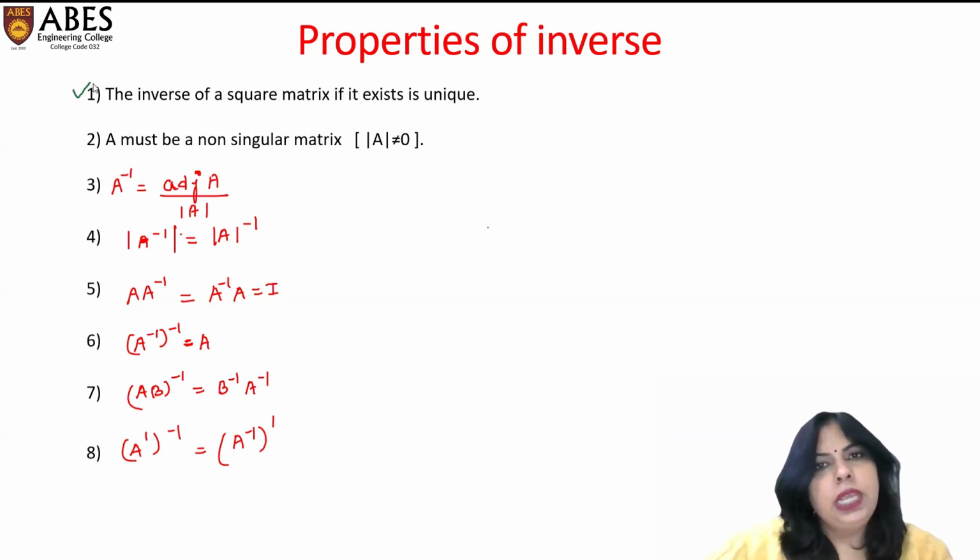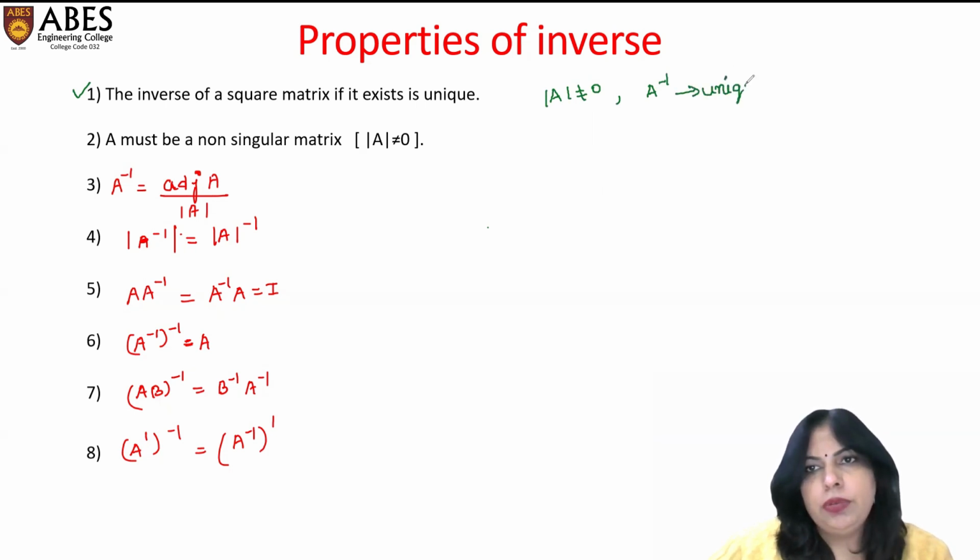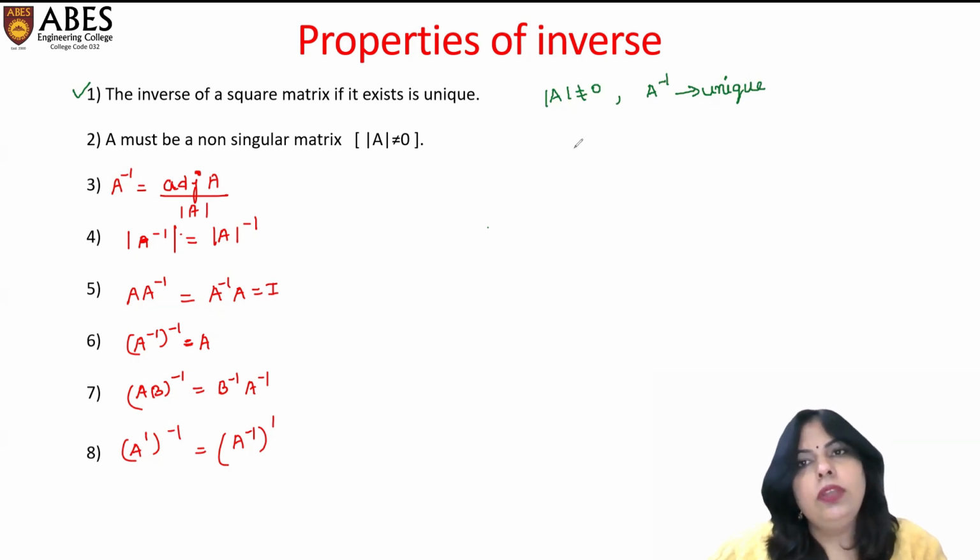If matrix A is a non-singular matrix, then only its inverse exists, and if it exists, then A inverse is always a unique matrix. Unique means you will get the inverse in a unique manner. If you have a matrix A, then only one inverse exists.